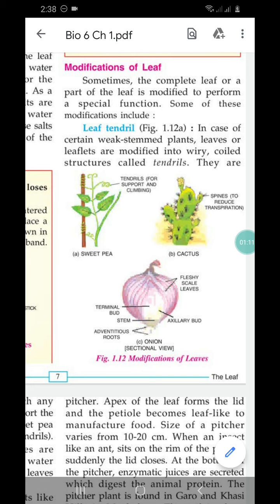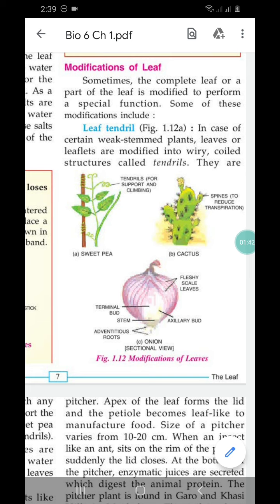Some leaves change themselves into other structures in order to protect the plant body. Depending on the function, they change themselves. So modified means change. Why do they change? To perform a special function. What is that special function? To protect the plant.